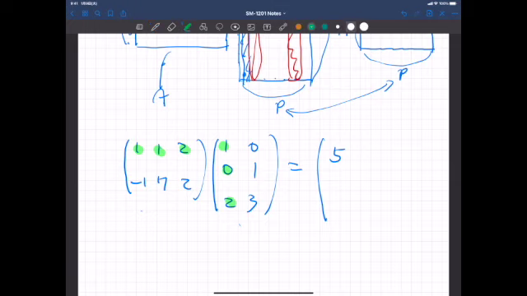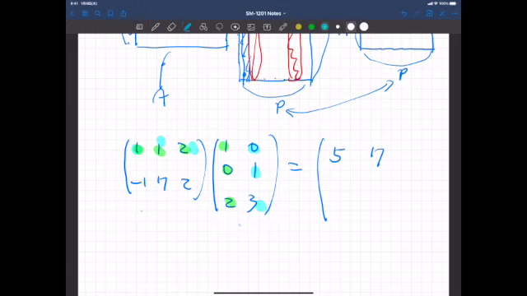And similarly, we multiply this times this, this times this, this times this, and add them all, and the result is 7.